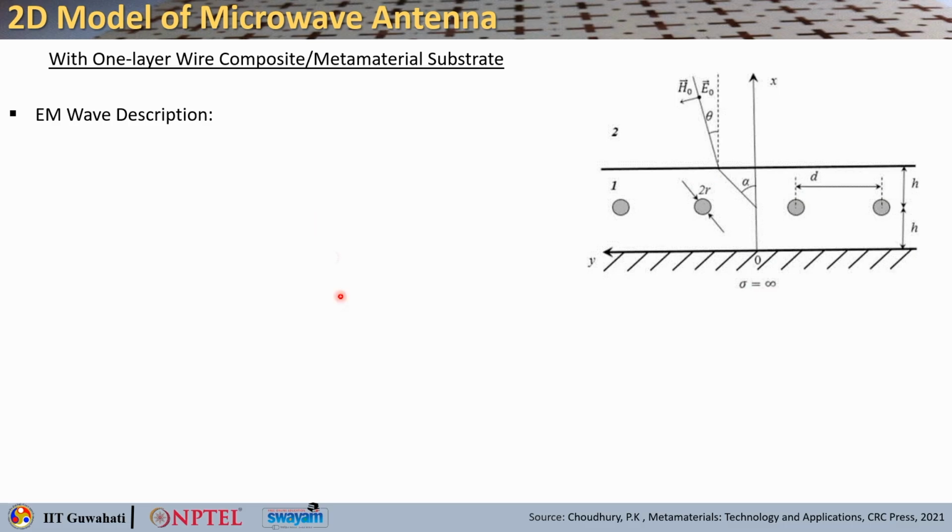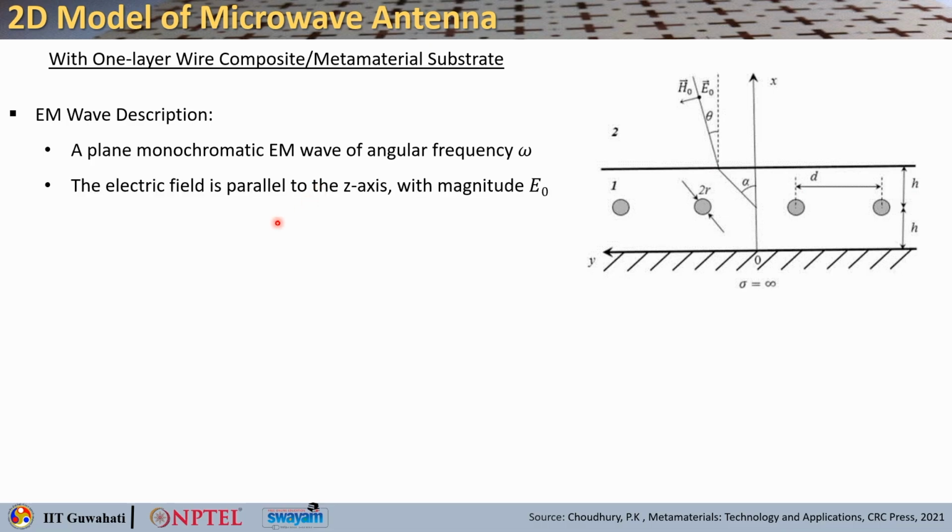Now let us go into the electromagnetic wave description. Let us consider a plane monochromatic electromagnetic wave with an angular frequency of omega and an electric field component of magnitude E naught. We are considering the electric field to be parallel to the z axis.